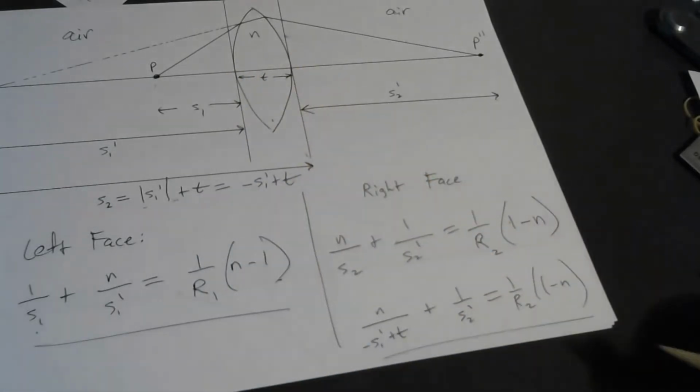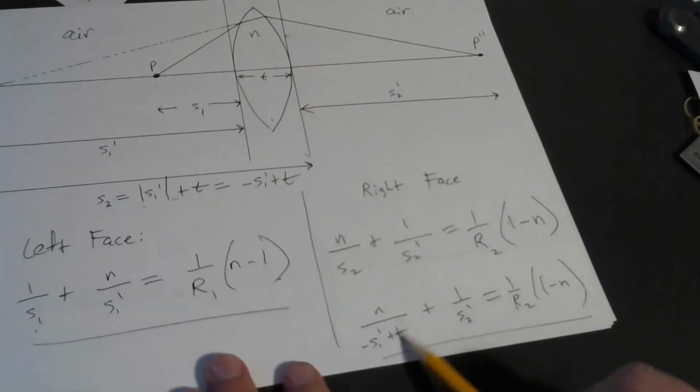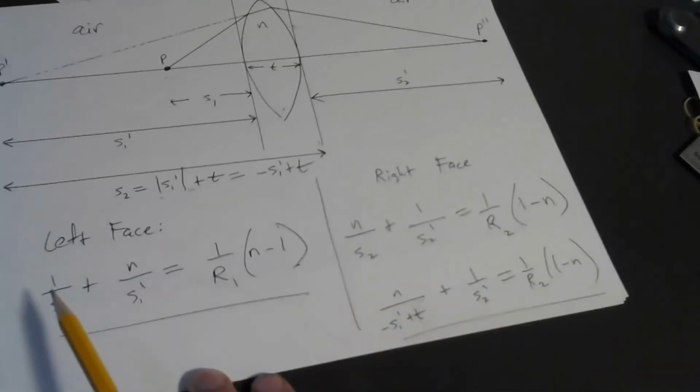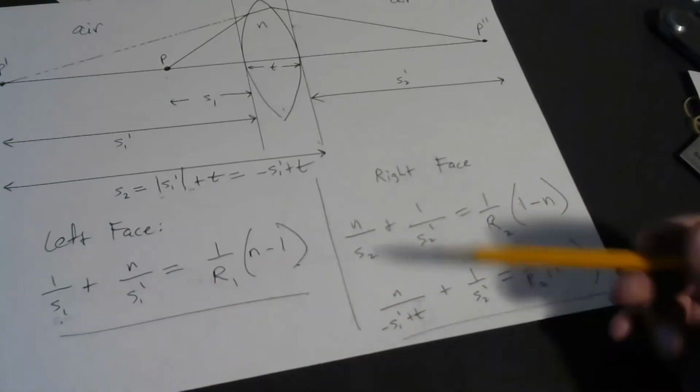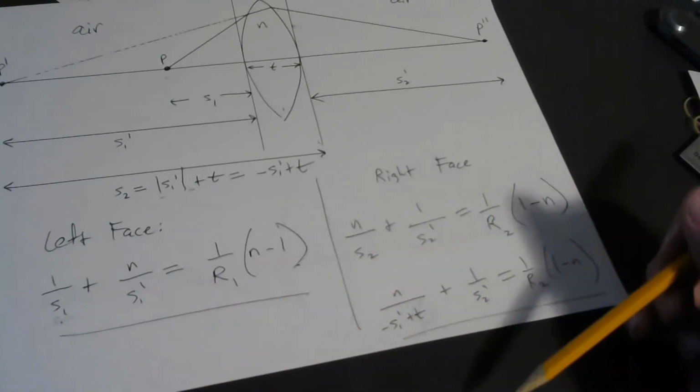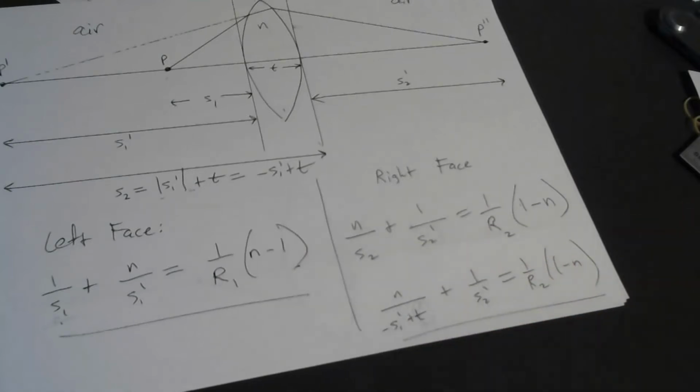Well, every thickness is finite, but maybe the thickness is significant. If T is much less than the original object distance and the final image distance, then you're validated in using the thin lens approximation. What is the thin lens approximation? We just pretend that T is 0.